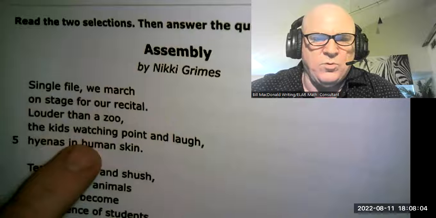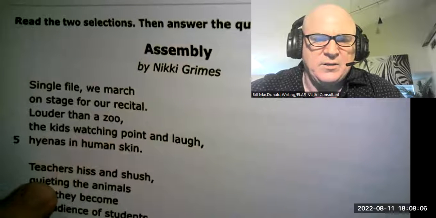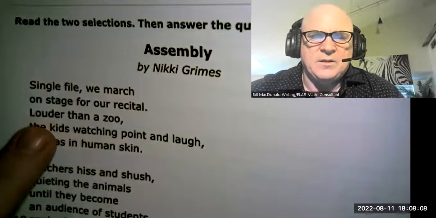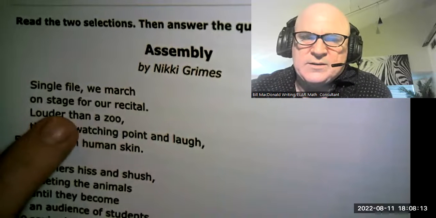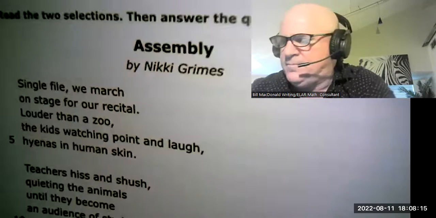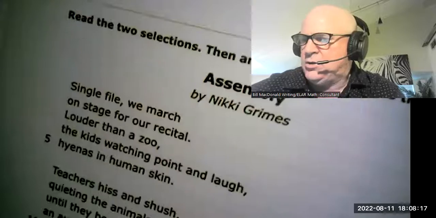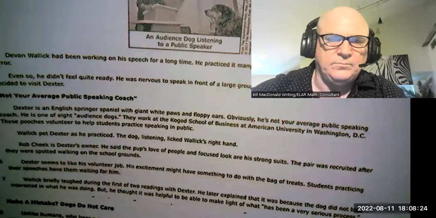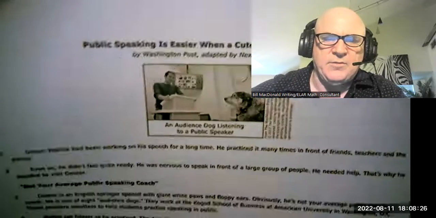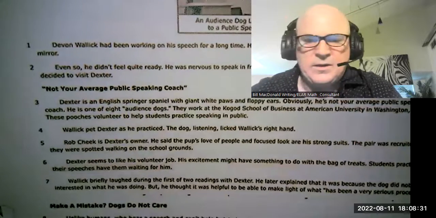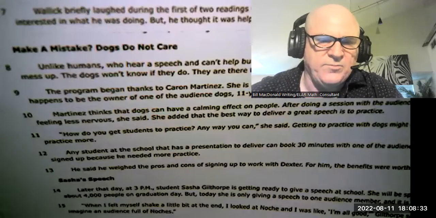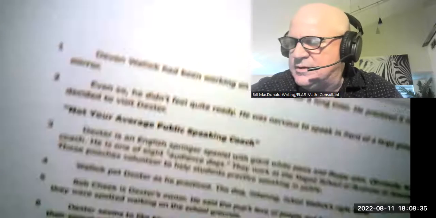The kids watching, point and laugh. So this is a first person present tense poem paired with a third person literary nonfiction passage that only has 14 paragraphs. All right.